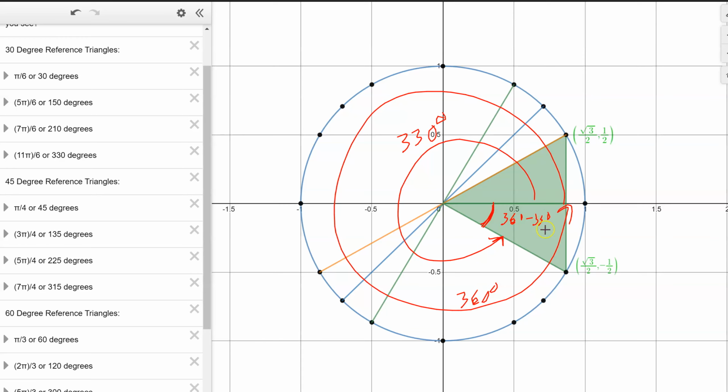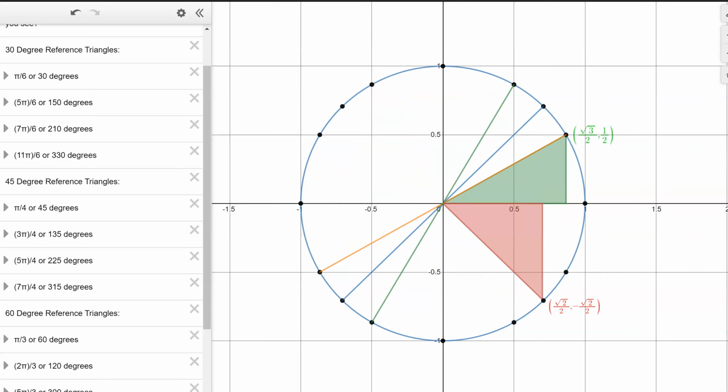Now this applies to every single angle in quadrant 4. If I do this one, it is 315 degrees to get to here. So it'd be 360 take away 315. And that would give you that same angle, which is 45 degrees. Both of these are 45.